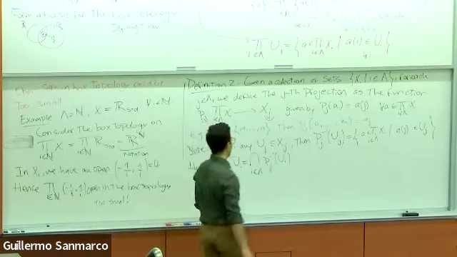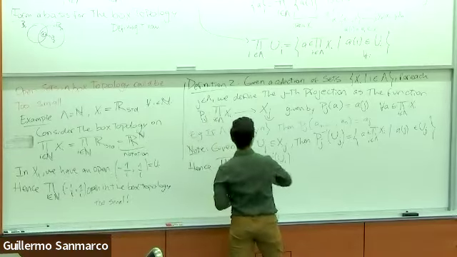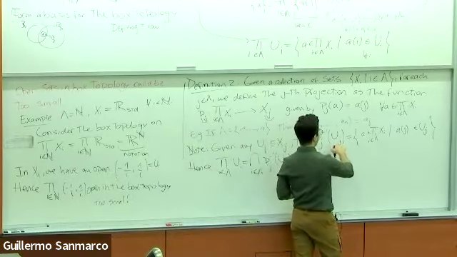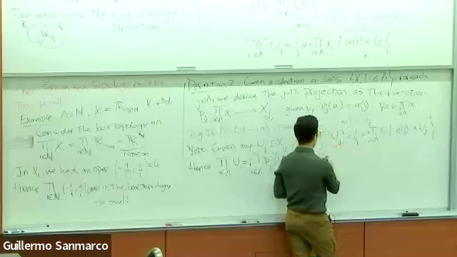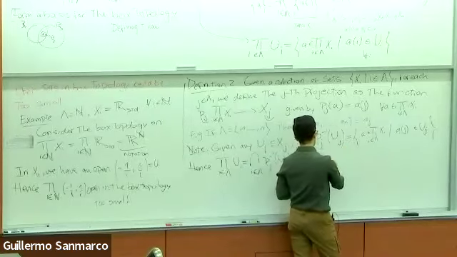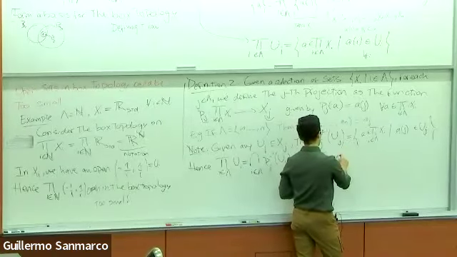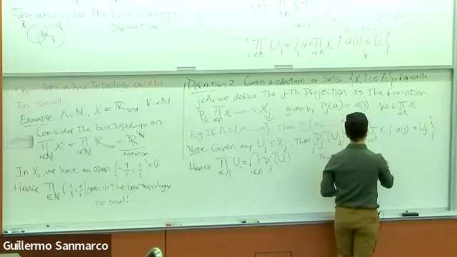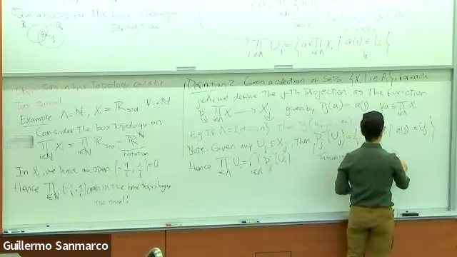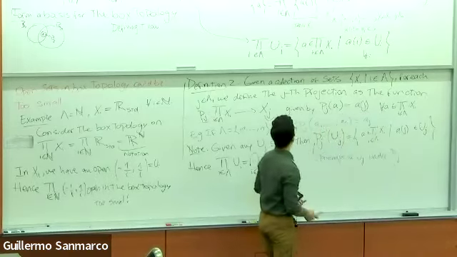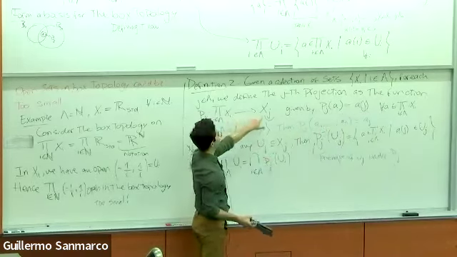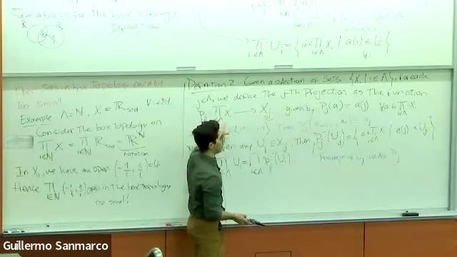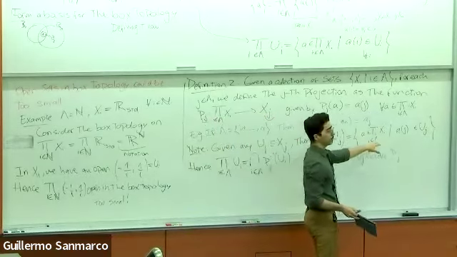I'm evaluating that on a set. That's already telling you it should be a pre-image. Pre-image of something here will be a subset here. So it's a subset of the product.